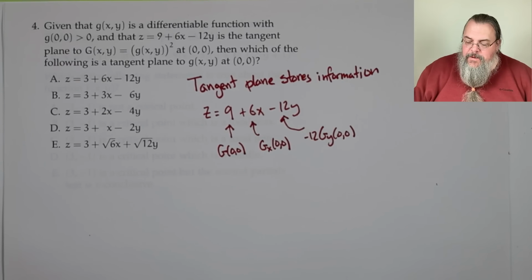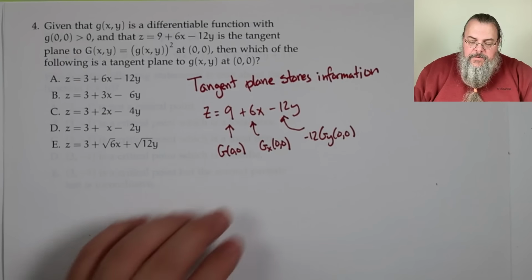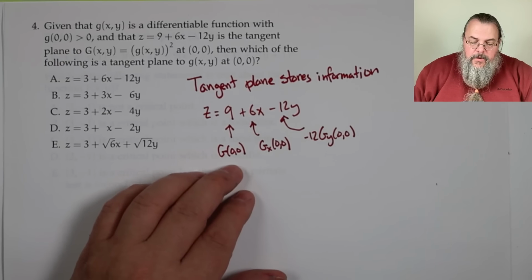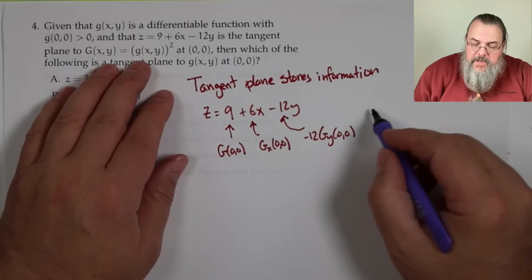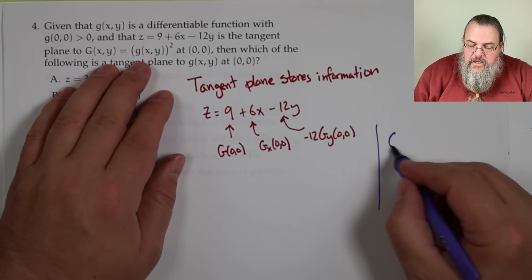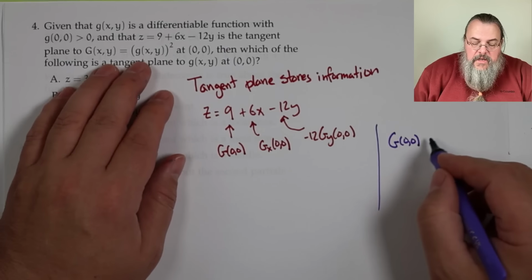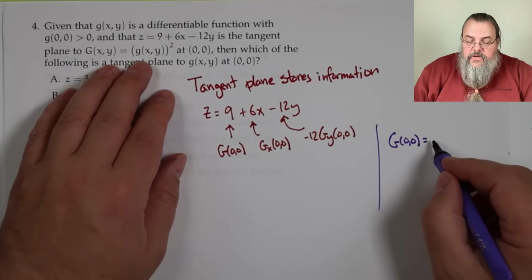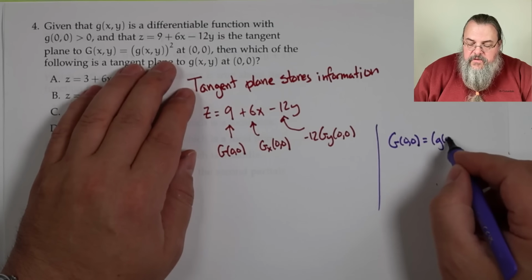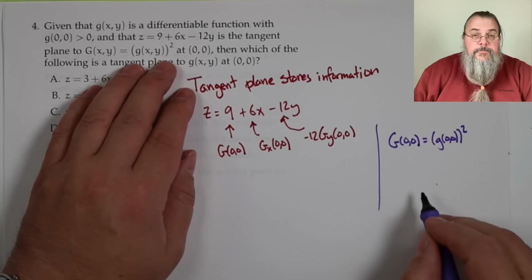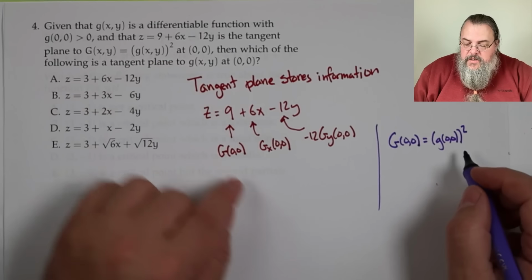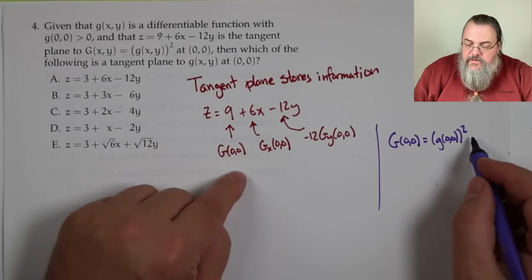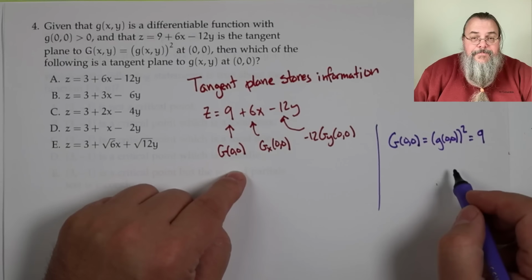So let's think about what that tells us. Let's start with g of 0, 0. Well, we can say g of 0, 0 is equal to little g of 0, 0 squared. But we also know that g of 0, 0 is equal to 9.